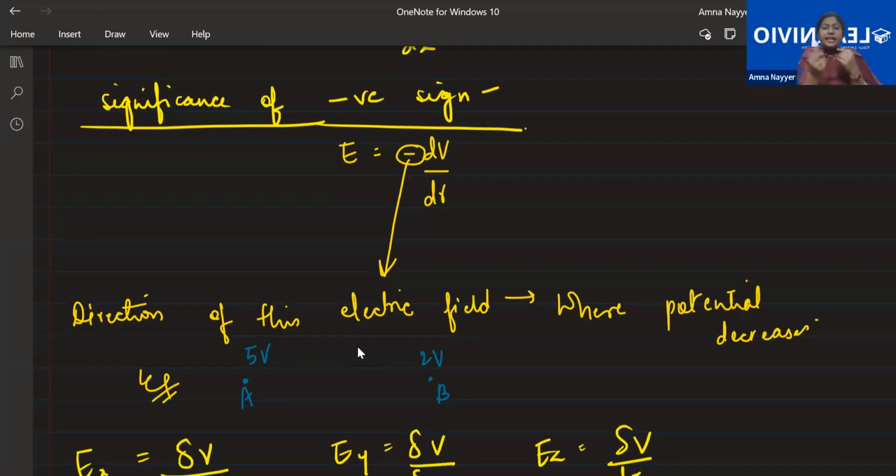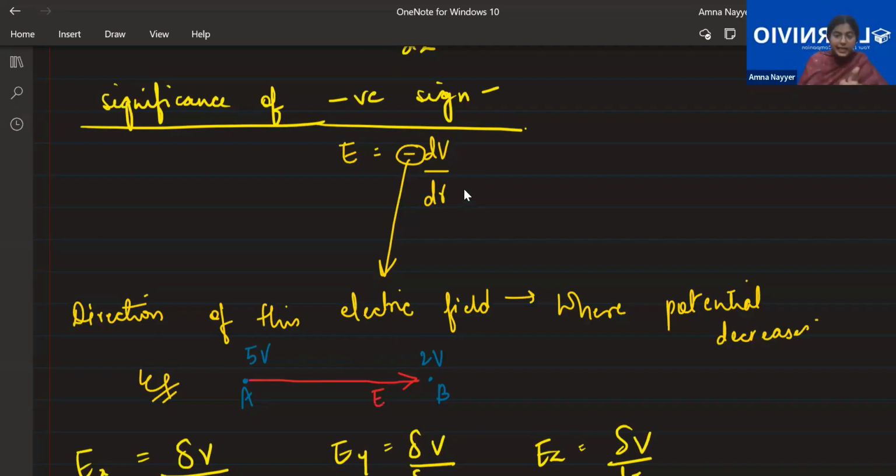So the direction of the electric field will be where the potential is lesser. So 5 to 2 volt, higher to lower. This is the direction of the electric field, from a higher to a lower value.